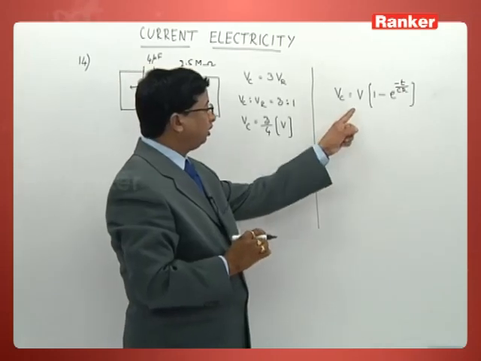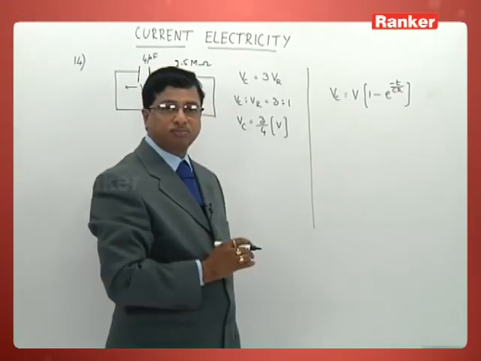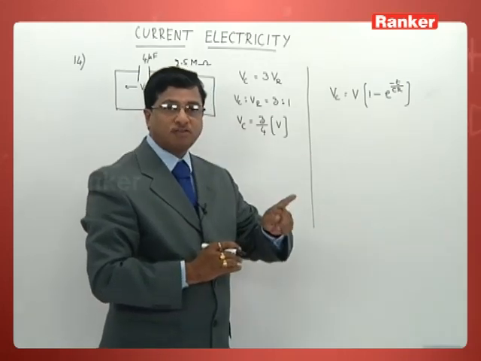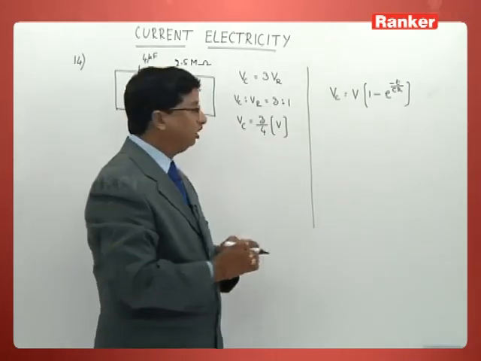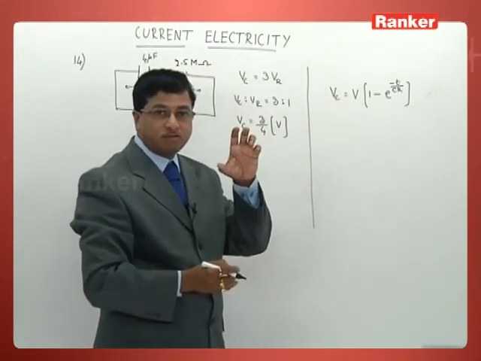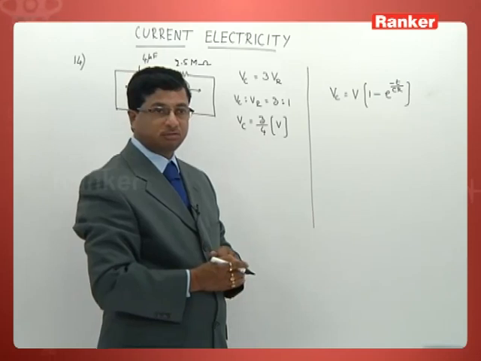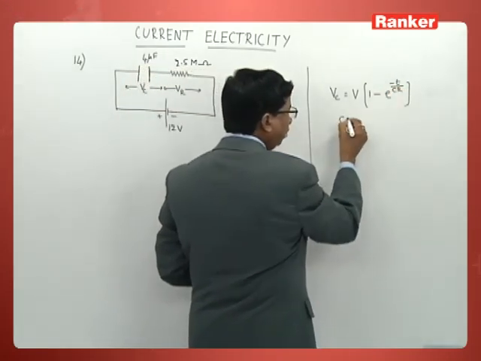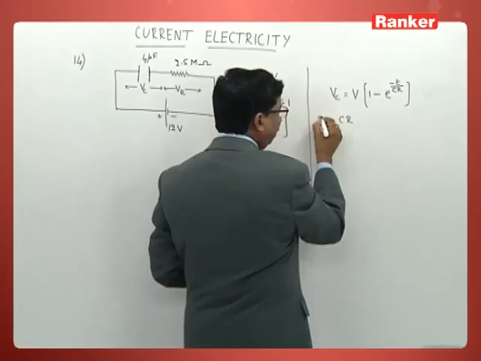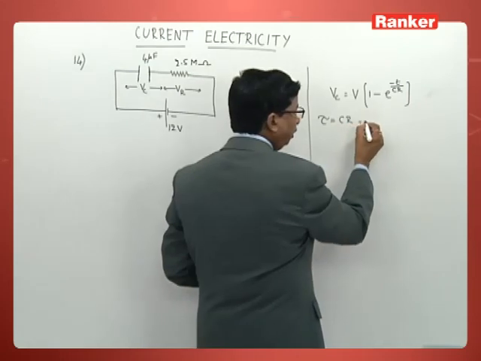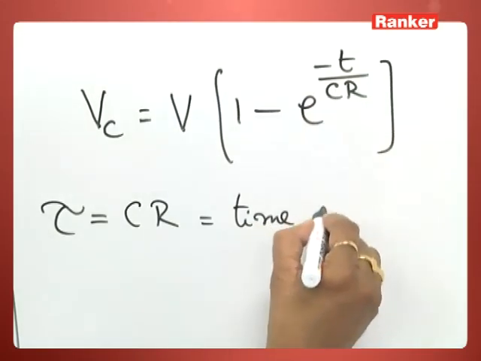All of you should recollect this formula first of all. Vc, that is the potential difference across the capacitor. V, that is the total voltage applied across the RC circuit. e to the power minus t by CR. What is this CR called? It is tau. What is this tau called? It is called the time constant.